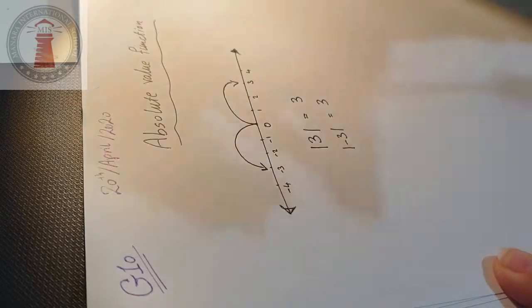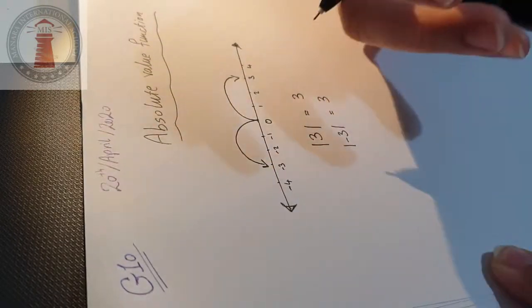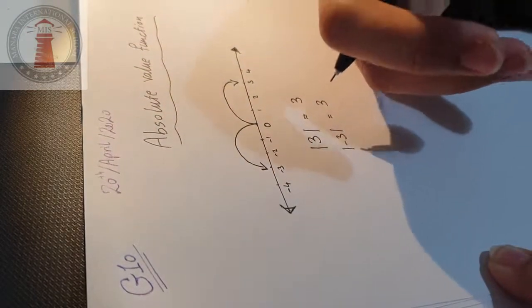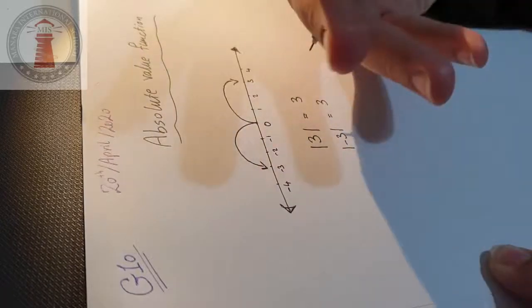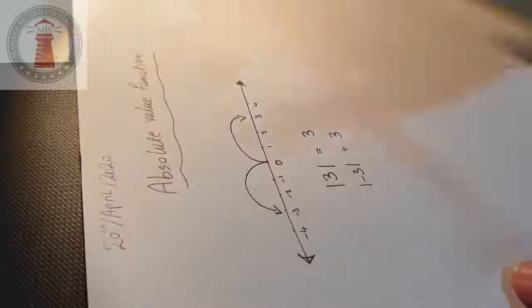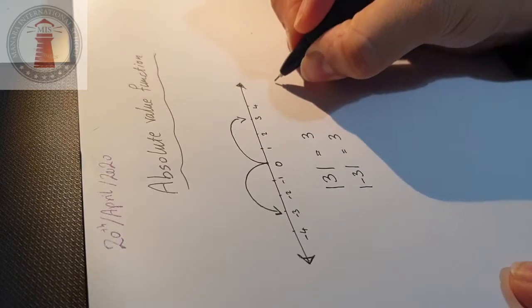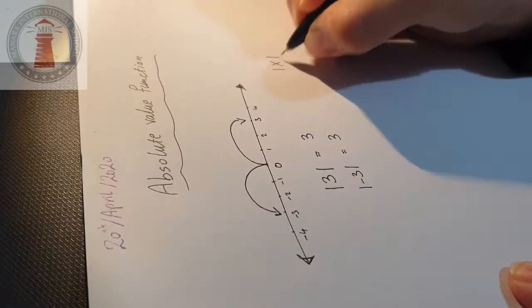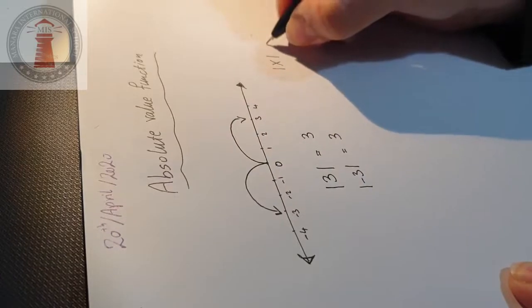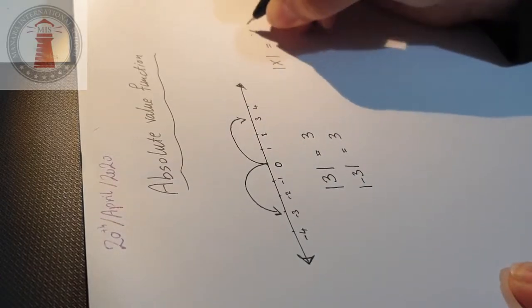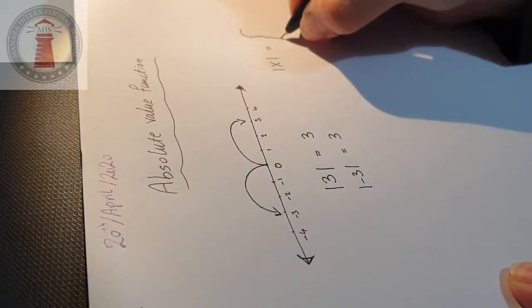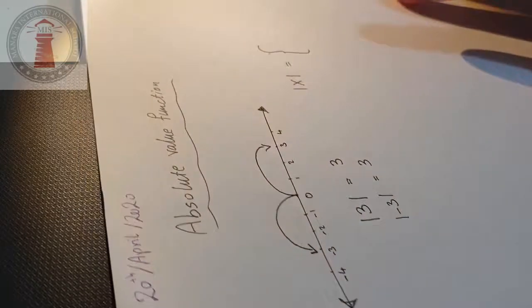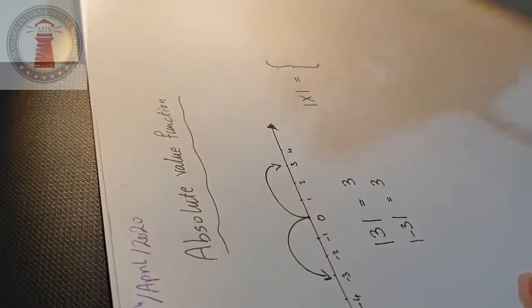Now, the general way of writing any function that includes an absolute value, or the function of absolute value, is this way. So if we say x, the absolute value of x is equal to, okay, here we have 2, or we can put it on 3.